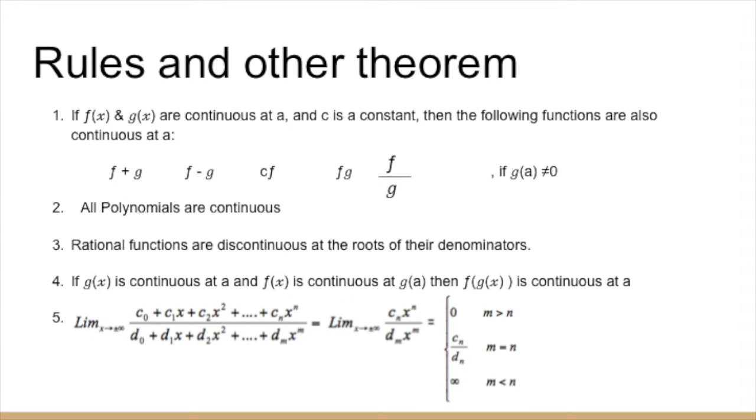Here are some other theorems and rules that we should know. First, when f of x and g of x are continuous at point a, and c is a constant, the following functions are also continuous at a: the addition and subtraction of f and g, the multiplication of the constant c and f, the multiplication of f and g, and also f divided by g when g is not 0.